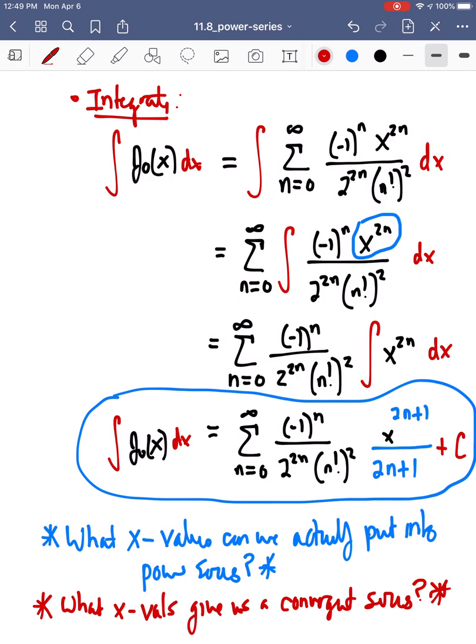And these two questions are actually one and the same. By asking ourselves what x values give us a convergent series, what that's saying is, give your function or your power series an input x. If that power series converges with x, it's going to pass back one specific output. So by asking these types of questions, we actually figure out what is the domain of that power series.